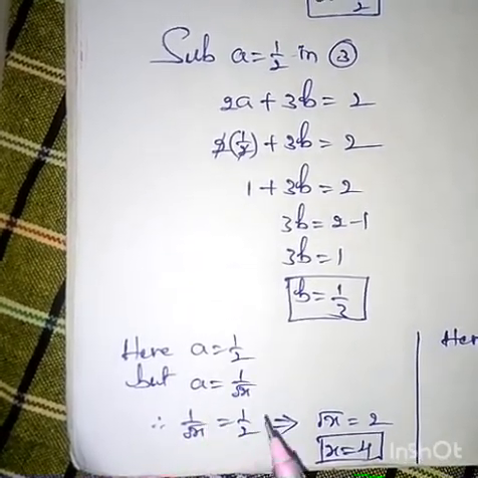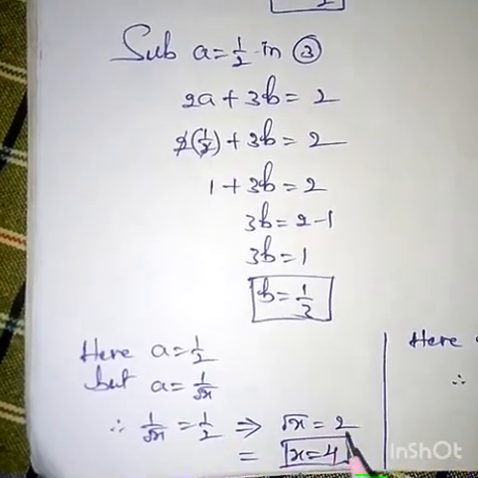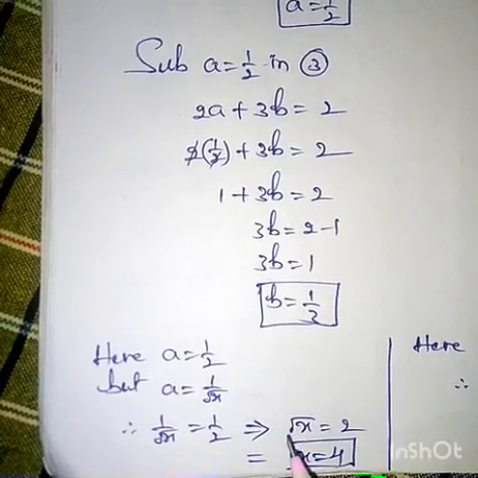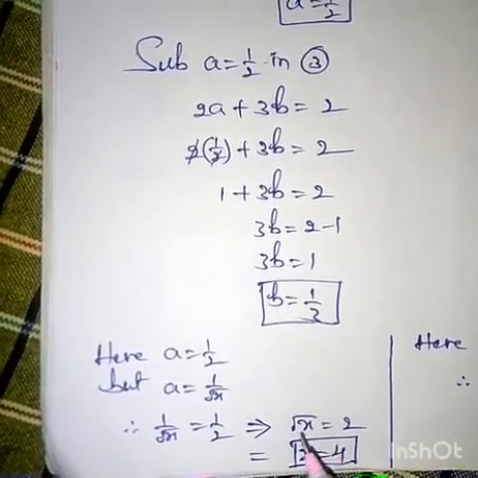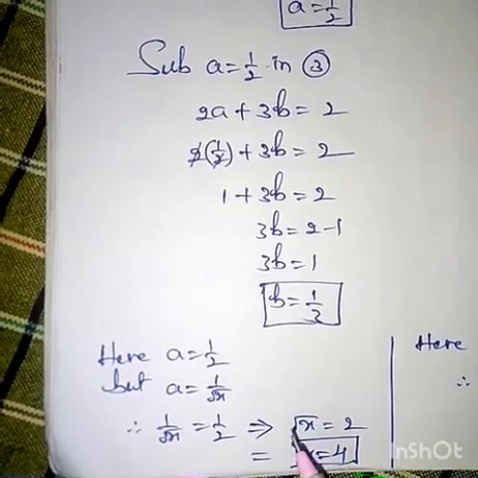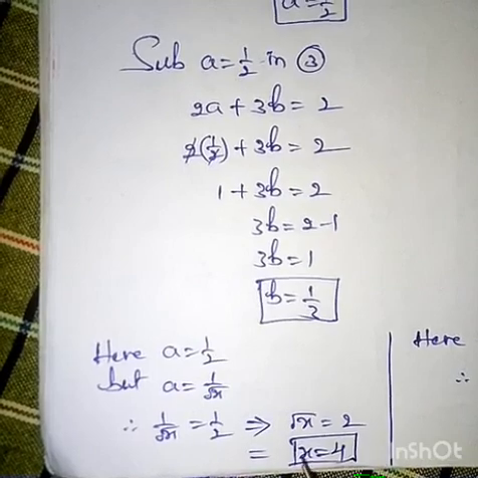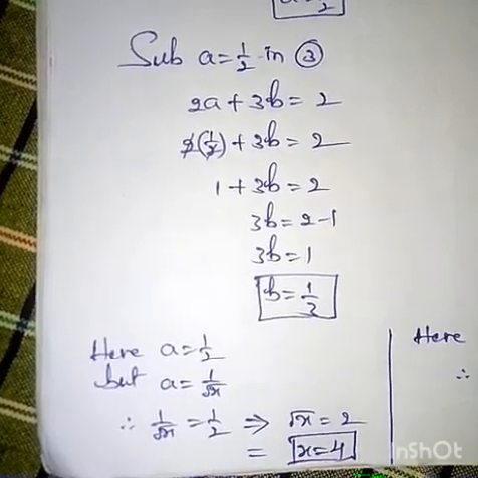That's why these values get cancelled. So if we simplify the remaining values we get root x equal to 2. We need only x value. So if we transpose the root value also, here in the LHS we have root x. If we transpose the root value it becomes square. So that is x equal to 2 square. 2 square means 4. So x equal to 4.